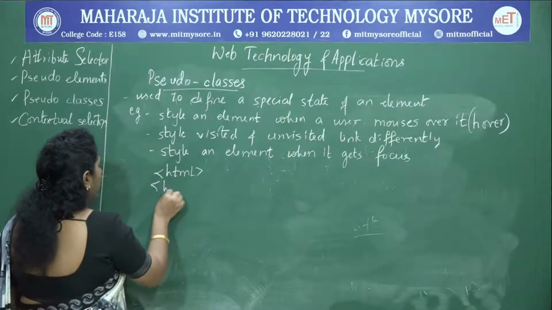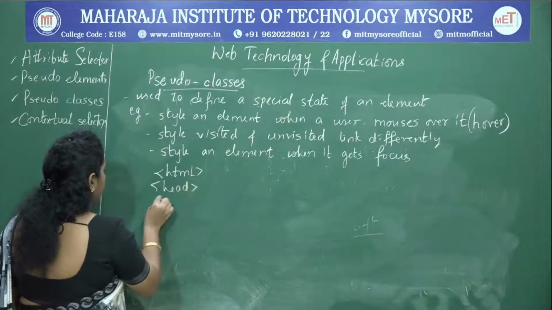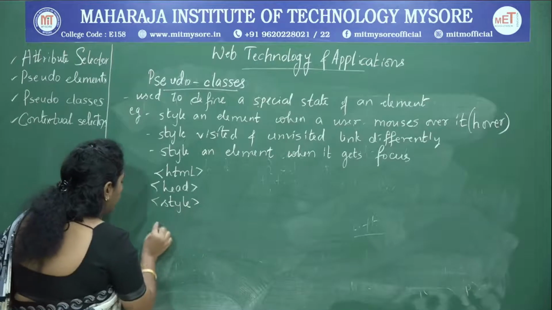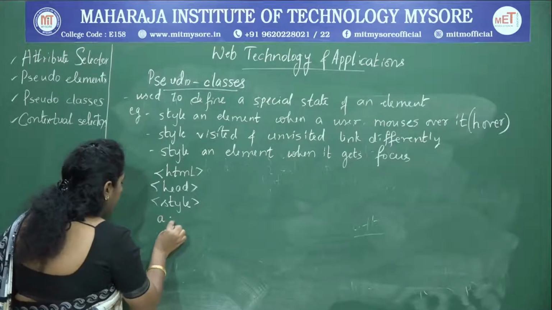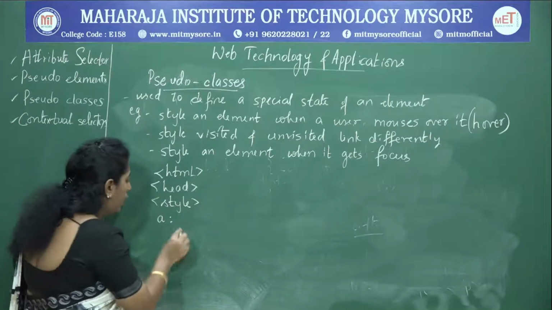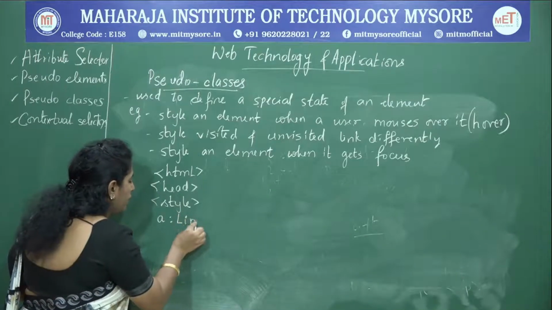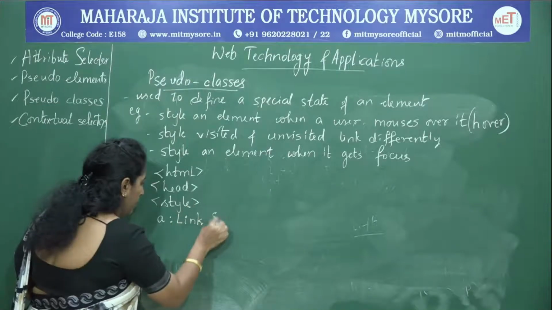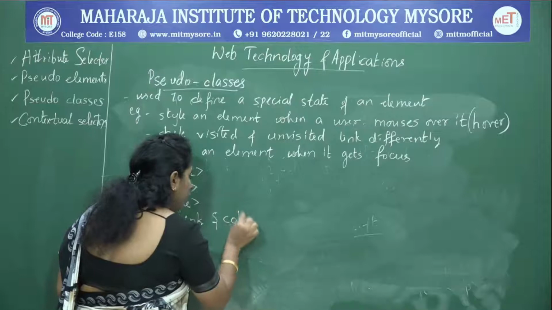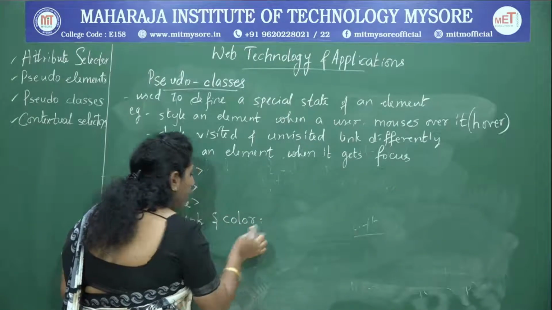So now let me take up an example. HTML, head, style. Okay. So I am going to use a style for which tag? Anchor tag, right? A tag. Okay. So link. I am going to set a property. See, by default, an unvisited link will be in which color?